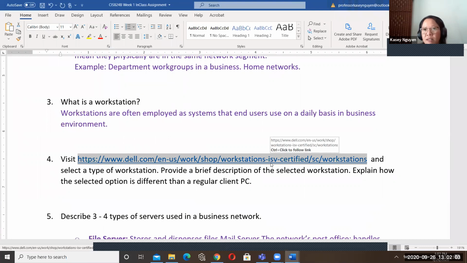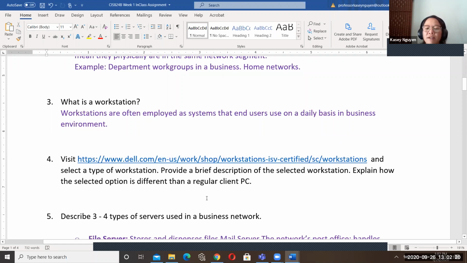What kind of system would you want to buy for your user? And also, right, want to make sure that it's going to last a while. So just give me a brief description so you can take some information from that website and write it down here. And then if you want, you can include the cost.